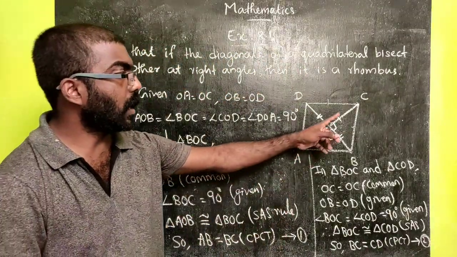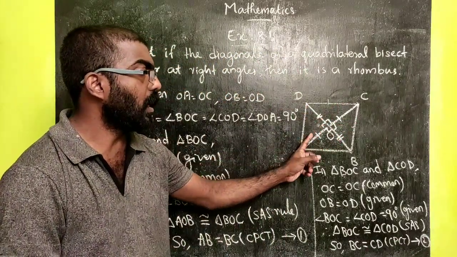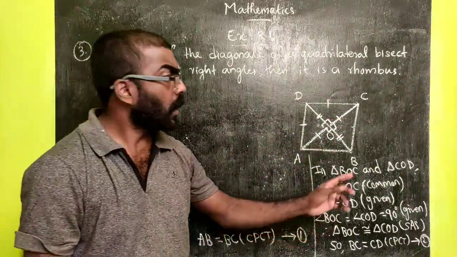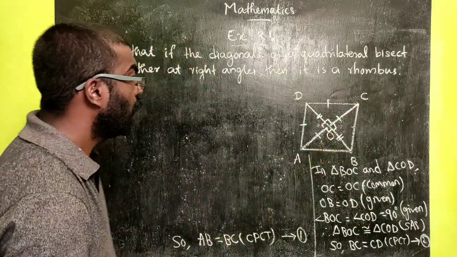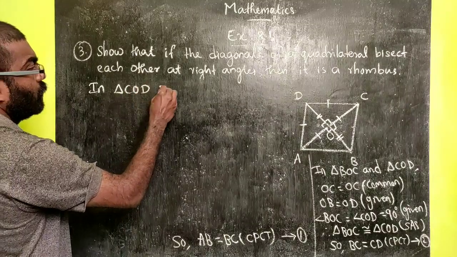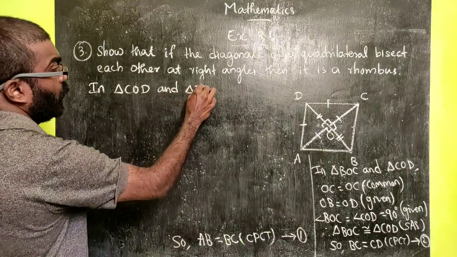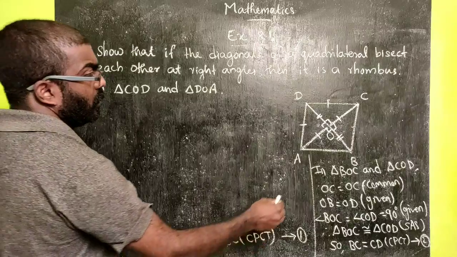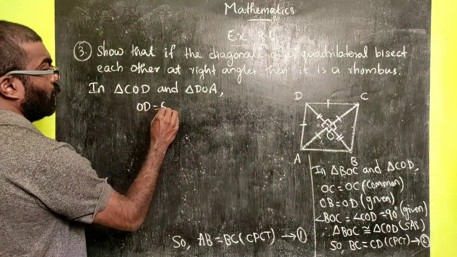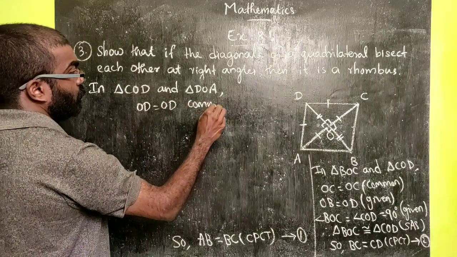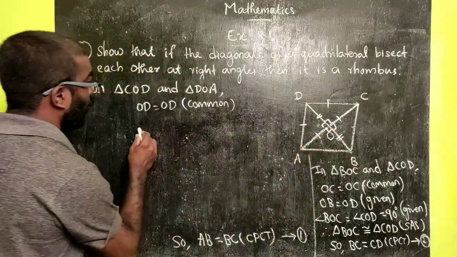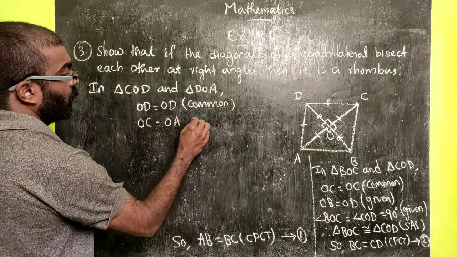Now we can consider triangle COD and triangle DOA, and from this we get CD equal to DA. So in triangle COD and triangle DOA, OD is the common side. OD equal to OD, common. And OC is equal to OA. It is given.